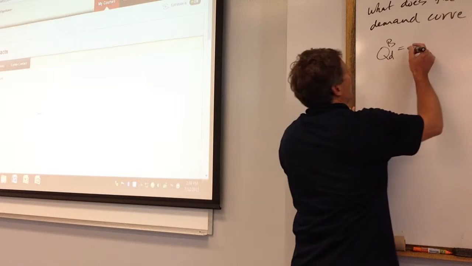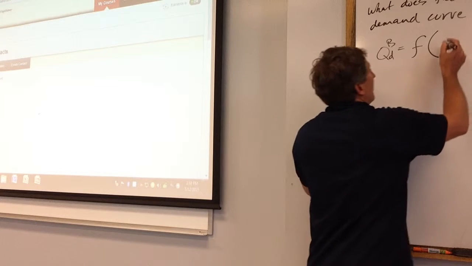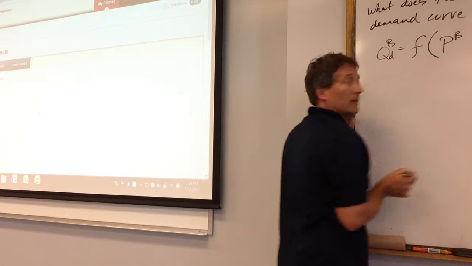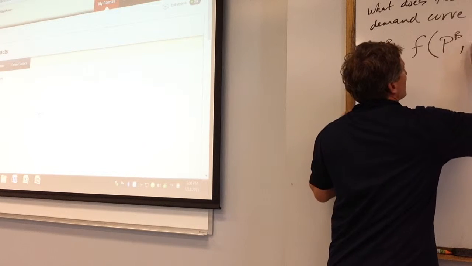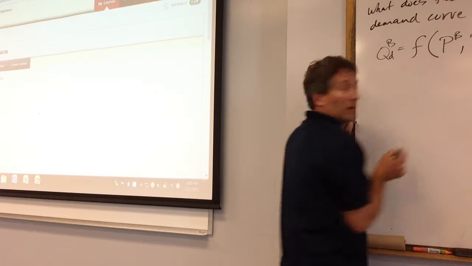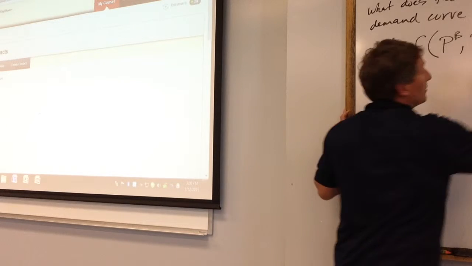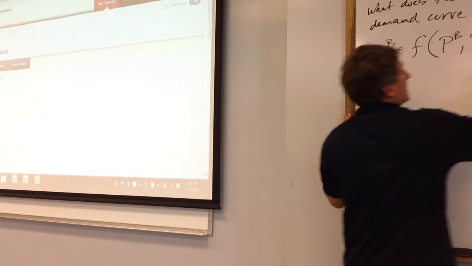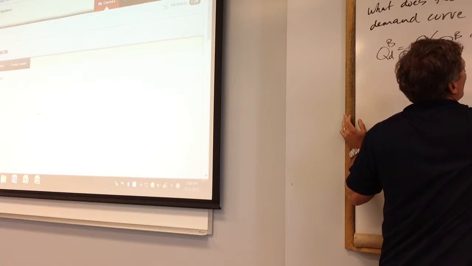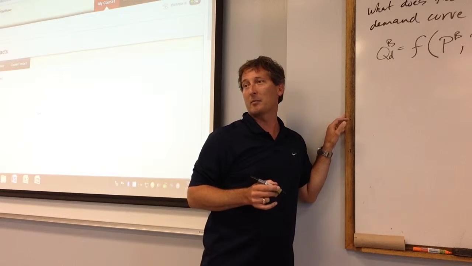The quantity of beer we have already learned is a function of the price of beer. We've also just determined it might be important the price of wine. And it also might be important what our income is. And maybe it's our gender on whether we're males or females. Maybe males tend to buy more beer than females.